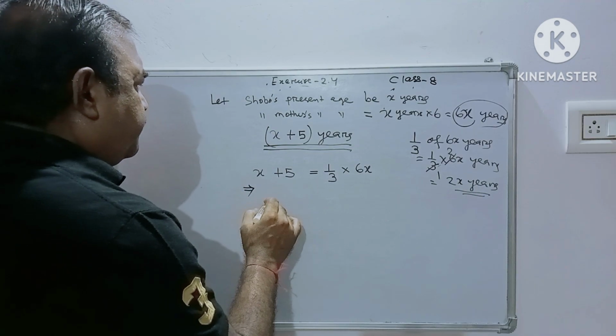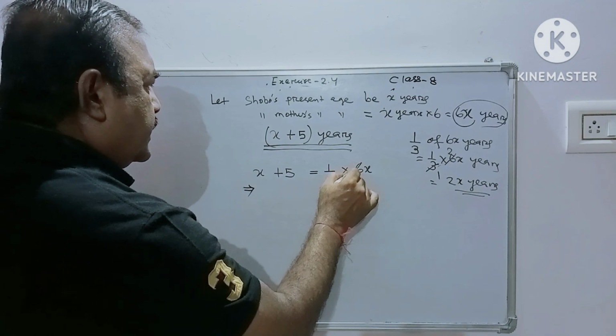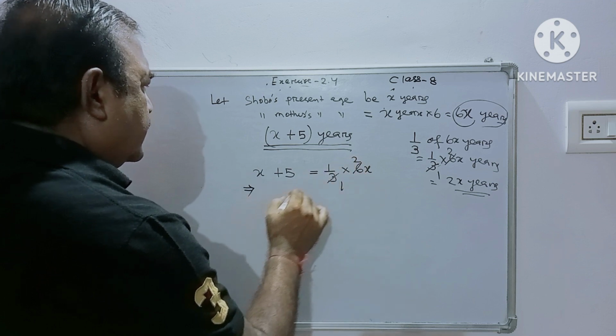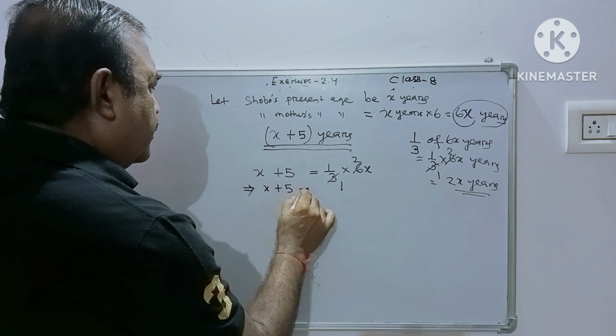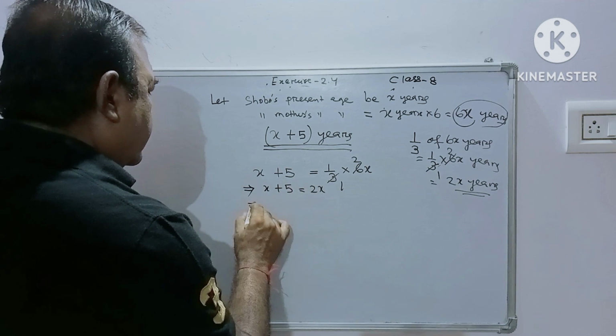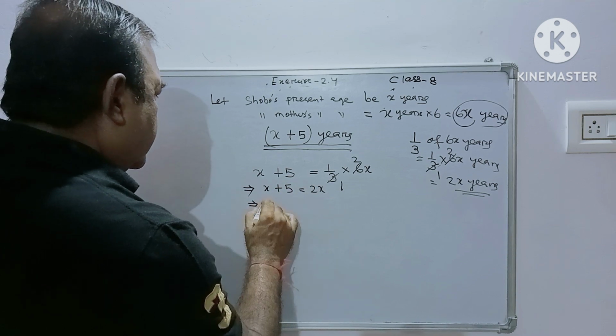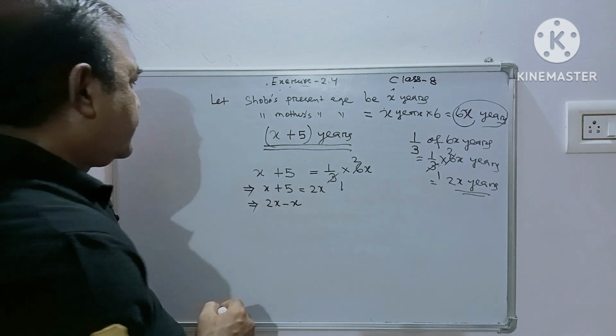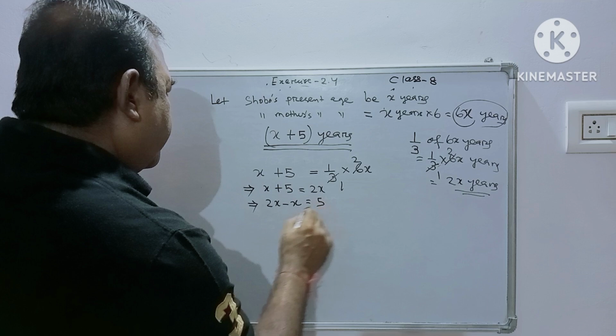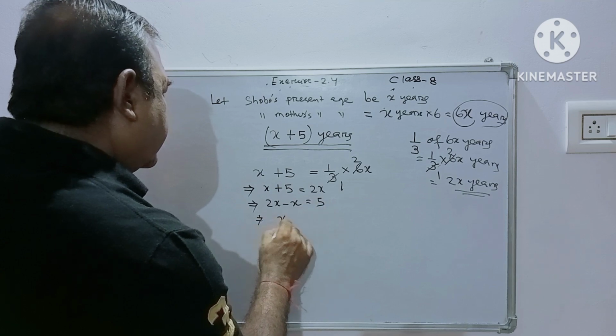So 3 1s are 3, 3 2s are 6. So x plus 5 is equal to 2x. That implies 2x minus x is equal to 5. That implies x is equal to 5.